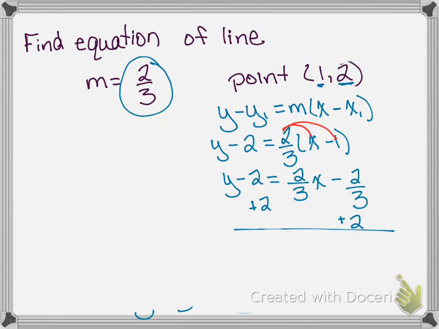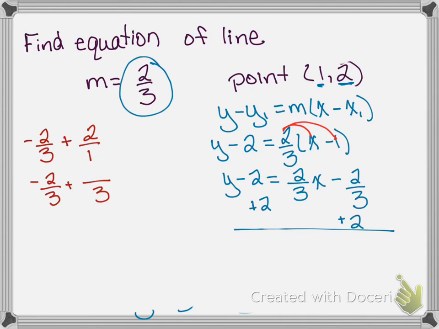So I have negative 2/3 plus 2 over 1. Okay? I need a common denominator. What is my common denominator?